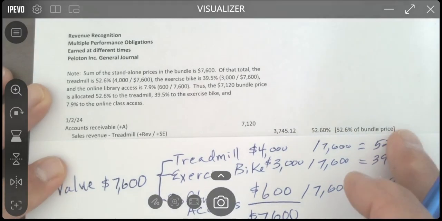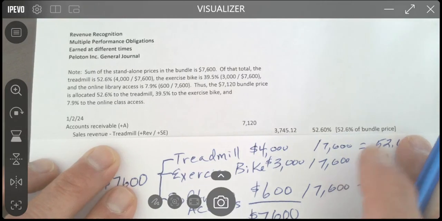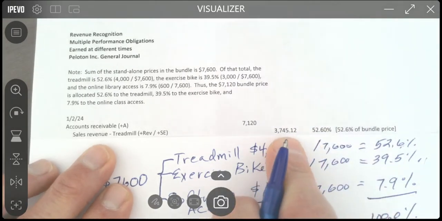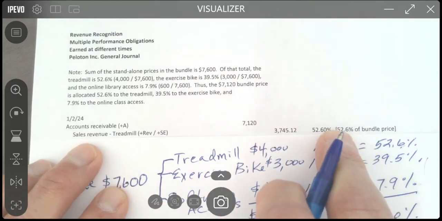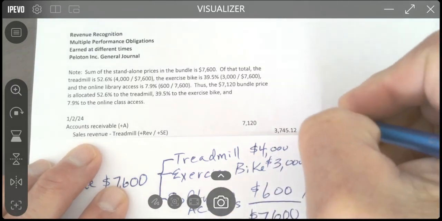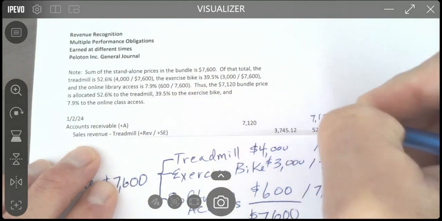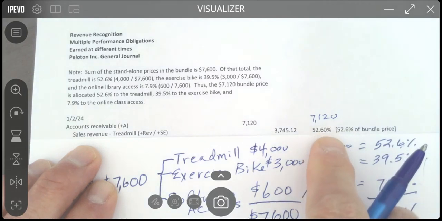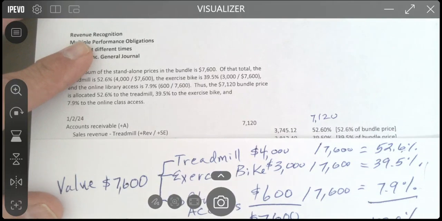The sales revenue for the treadmill is $3,745.12, which is 52.6% times 7,120, or it's 52.6% of 7,120.